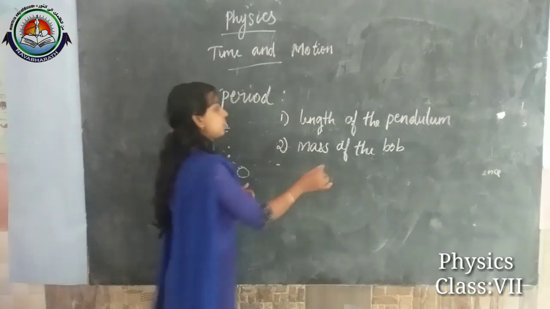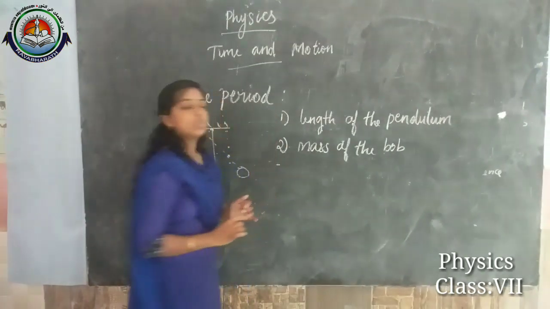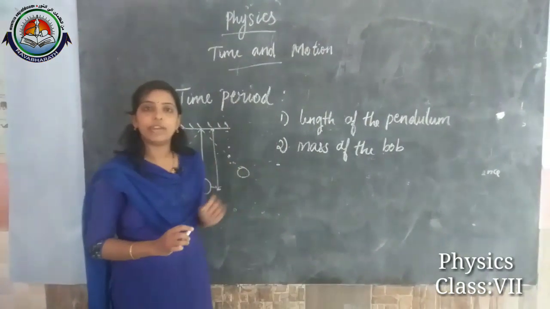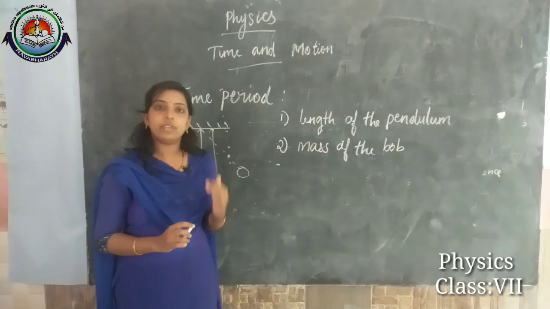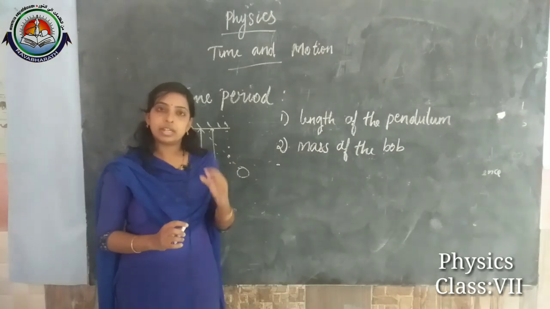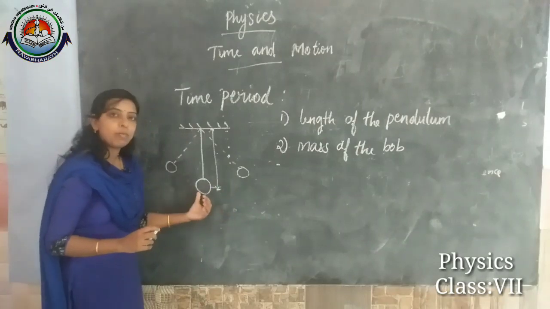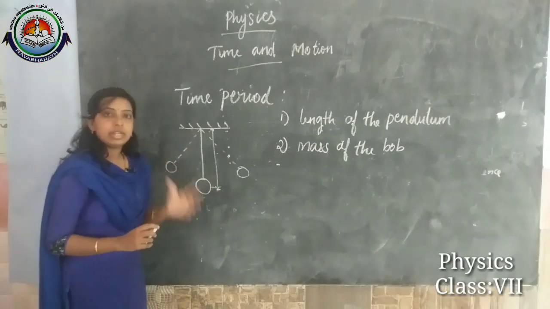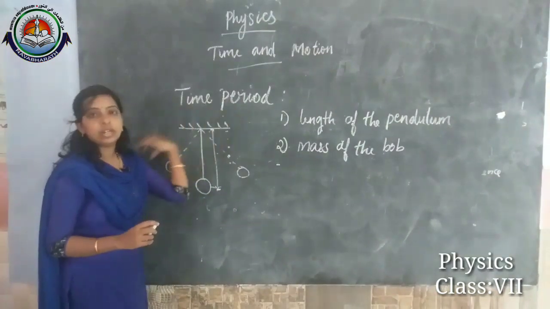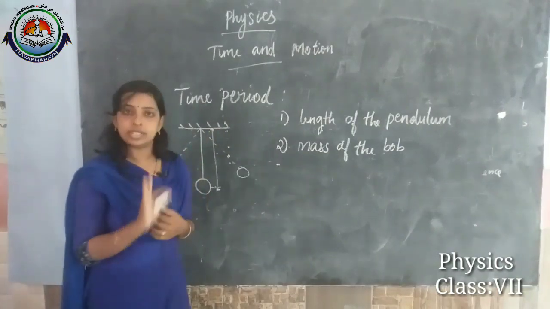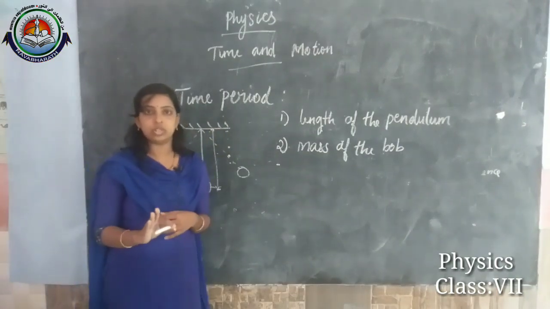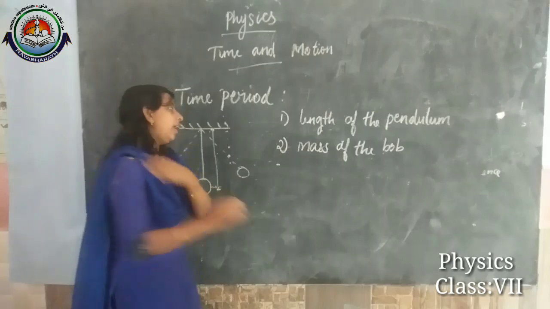So the mass of the bob does not affect the time period of a simple pendulum. If we use two bobs of different mass, then also the time period will be the same. There will not be any change.